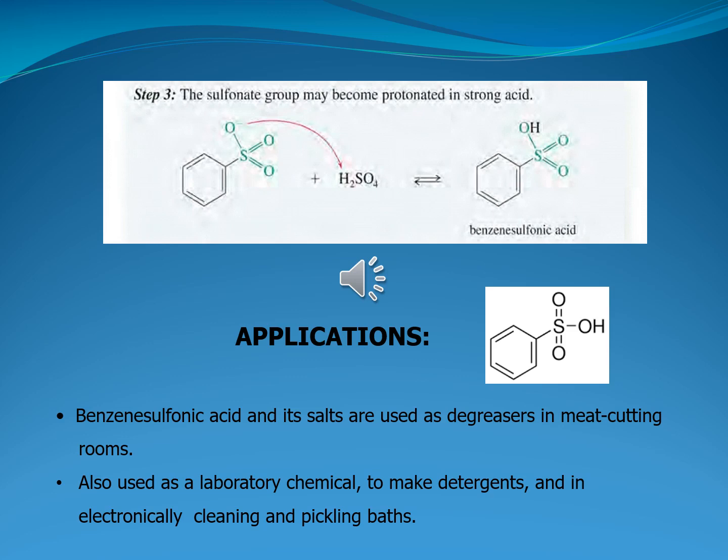Let's see the applications of benzene sulfonic acid. Benzene sulfonic acid and its salts are used as detergents, as degreasers, and in meat cutting rooms. It is also used as a laboratory chemical to make detergents and in electronic cleaning and pickling baths. In pharmaceutical sectors, it is used as an inactive ingredient in active pharmaceutical drugs.